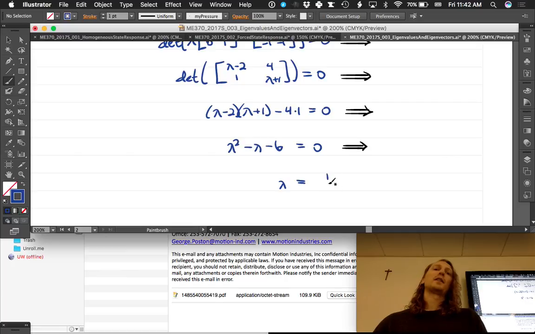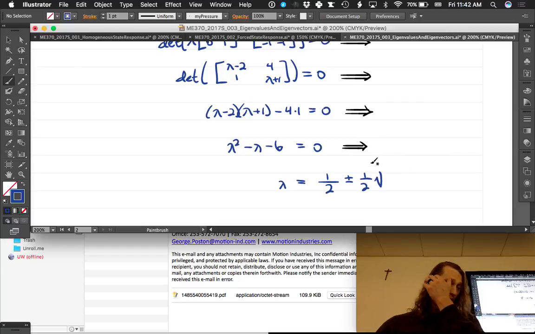And I like to write the first term by itself, so I divide by 2a first. So 1/2 plus or minus 1/2 again times the square root of b squared, negative 1 squared, so 1.